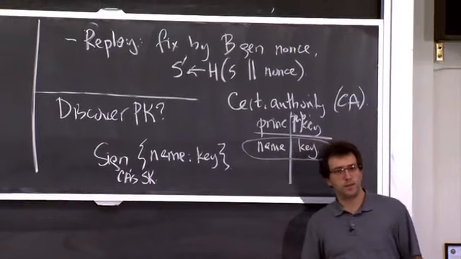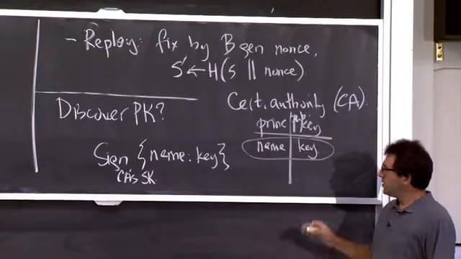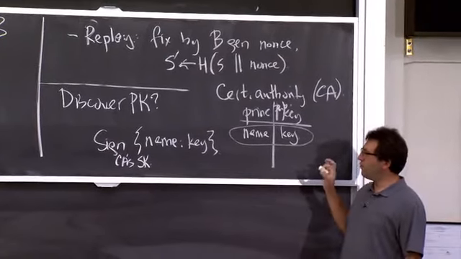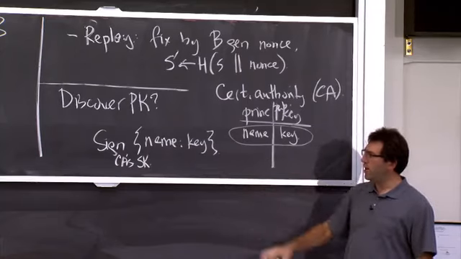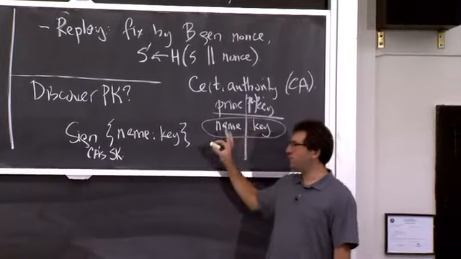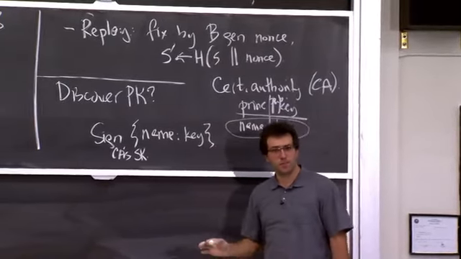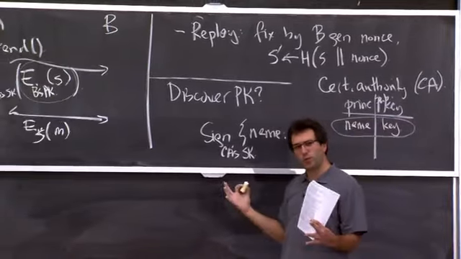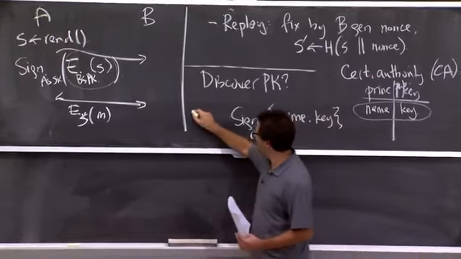Make sense? So this is going to allow us to do very similar things to what Kerberos was doing, but we are now going to get rid of the CA having to be online for all transactions. And in fact, this is now going to be much more scalable. So this is what's usually called a certificate.